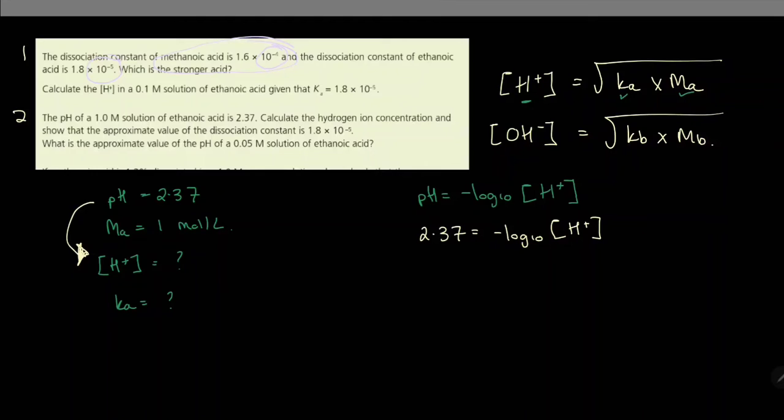And remember our conversion then, that the concentration of the hydrogen ion is 10 to the power of minus whatever the pH was. And we will get a value then for the concentration of the protons to be 4.27 by 10 to the minus 3 moles per litre. So that's that part done.